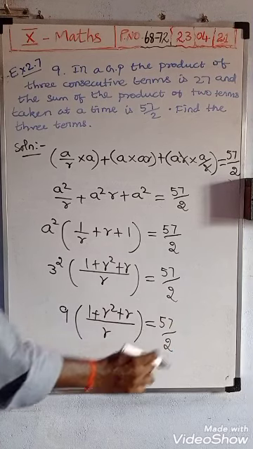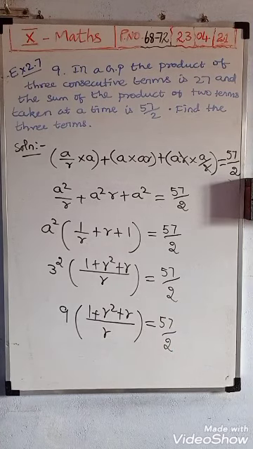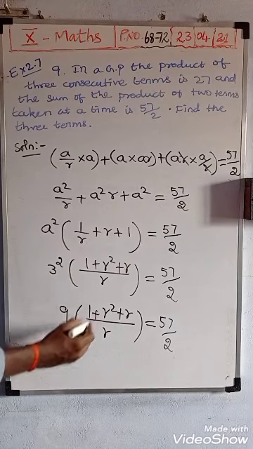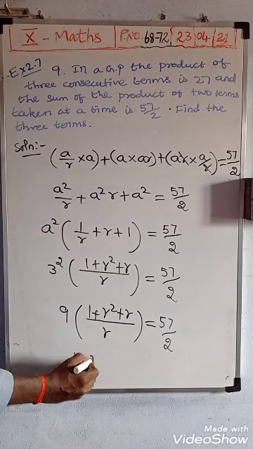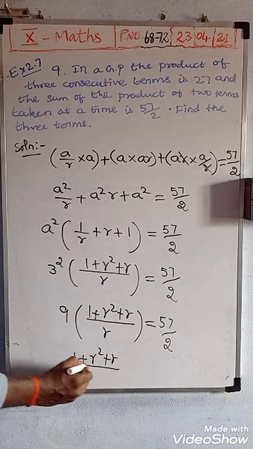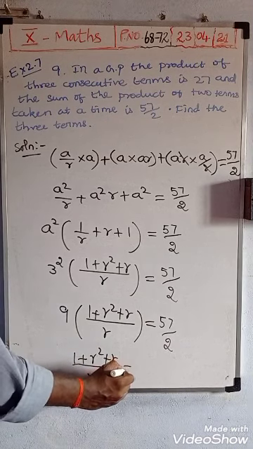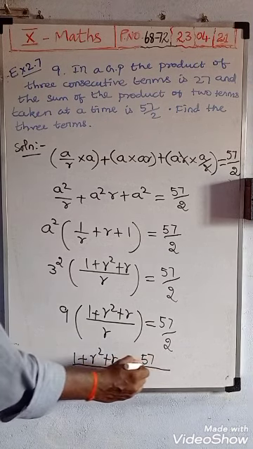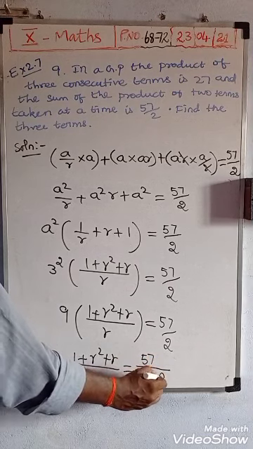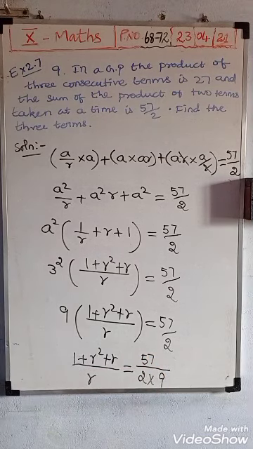Now the 9 will go to that side: 1 plus r squared plus r, whole divided by r, is equal to 57 by 2 into 9, 9 going to the denominator, so 57 by 2 into 9.